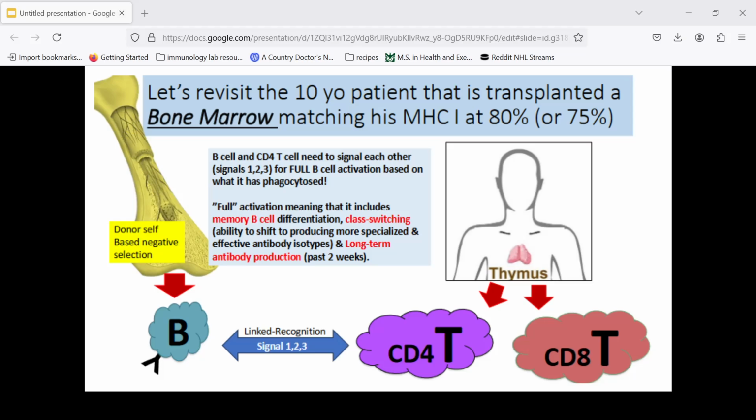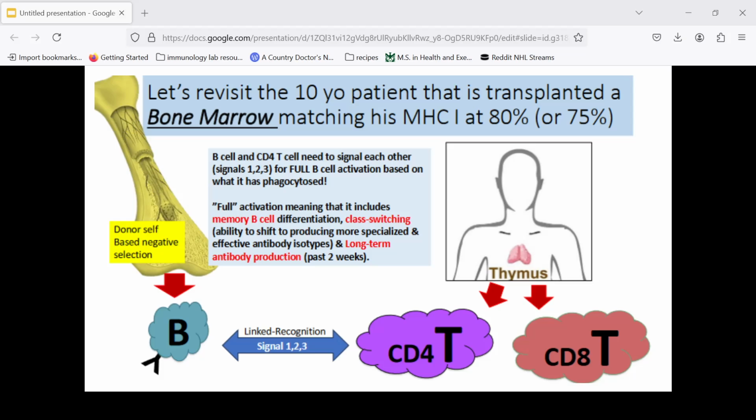So, any immune cells coming from this guy. We just went over selection, so we know that our B cells and T cells are trained in different places. Where are our B cells trained? Where are they selected? Bone marrow. So our B cells in this case are from the bone marrow.